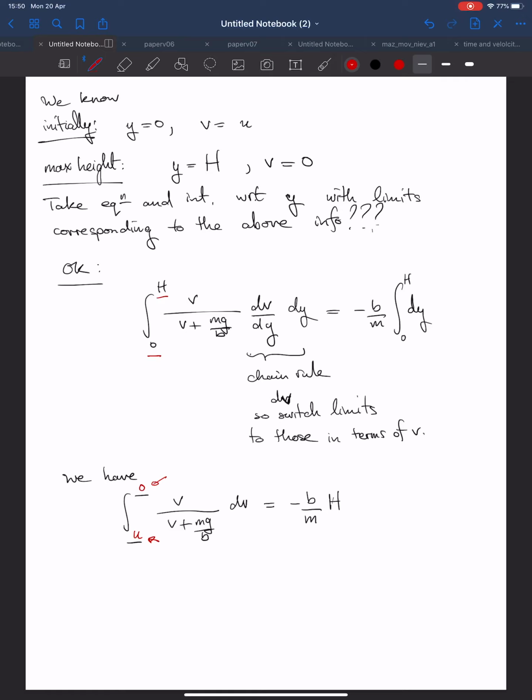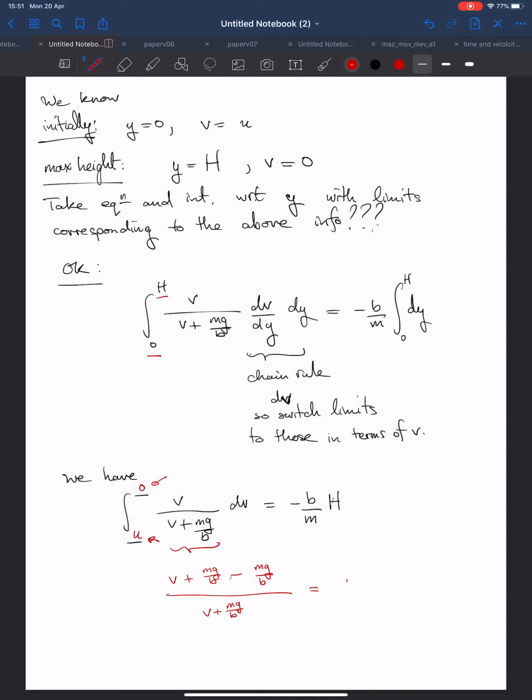Well, this is easily computed because what I'll do now is I'll just add and subtract this in the numerator. And as you can see, what this gives me is the following.